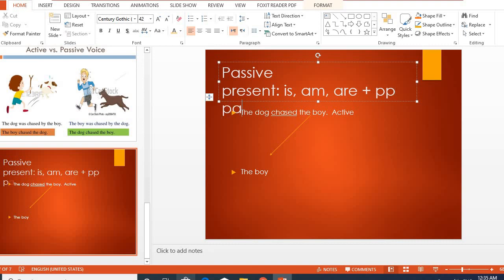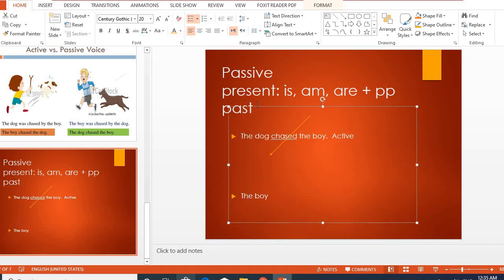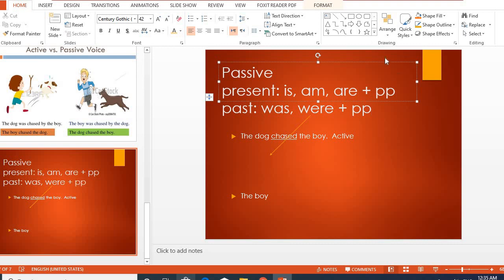If your verb is in the past, what you need to do is add was or were plus the verb in the past participle.